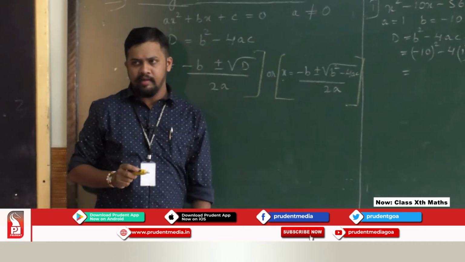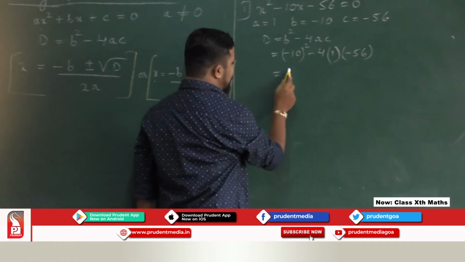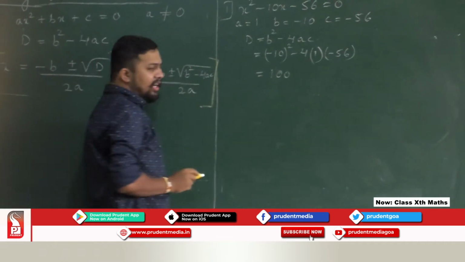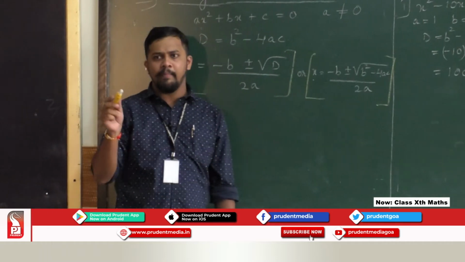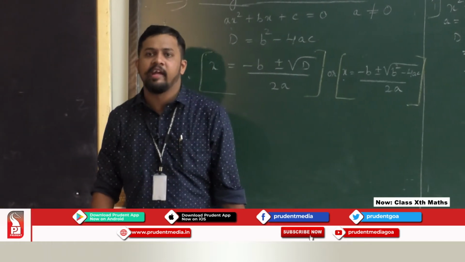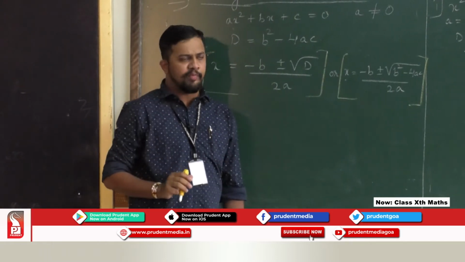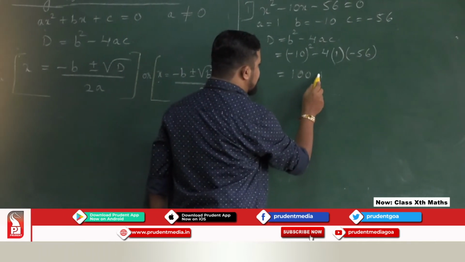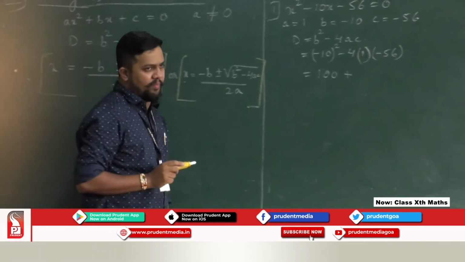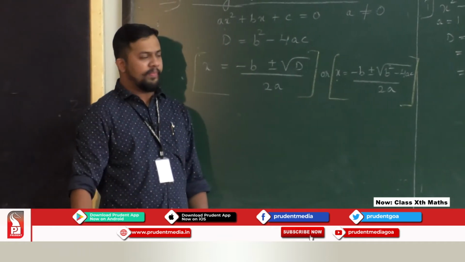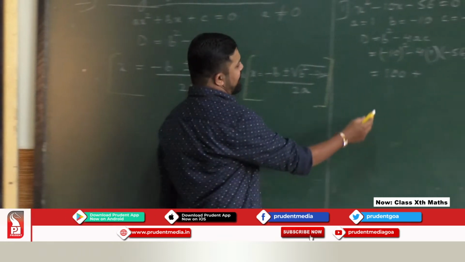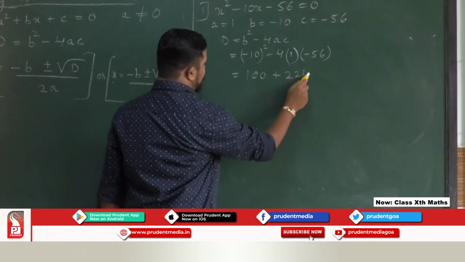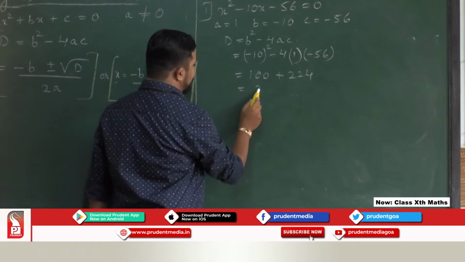Negative 10 square is minus 10 into minus 10, which is 100, because negative into negative becomes positive. Remember, if there are an even number of negative signs, the final answer always becomes positive. Here also, negative into negative is positive. Now I have to find 56 fours. So 56 fours is 224. Add, it will give you 324.